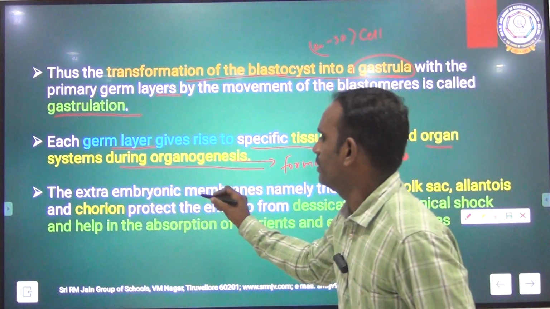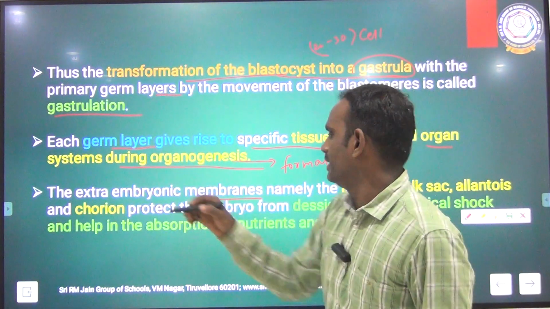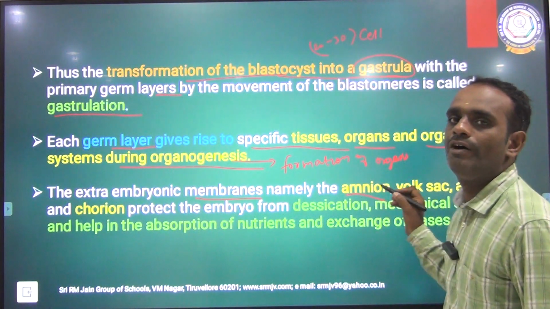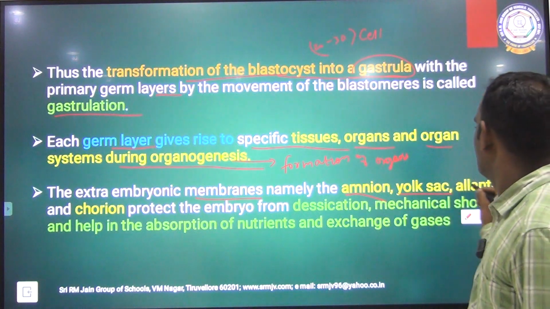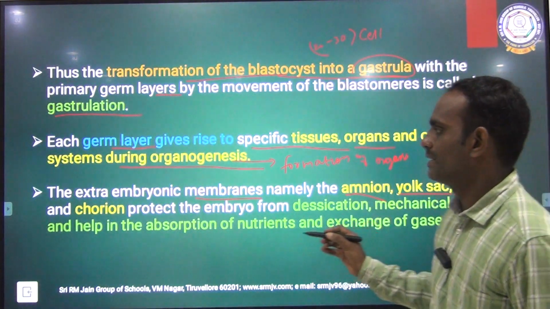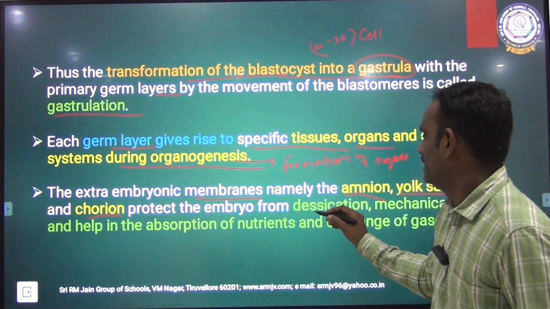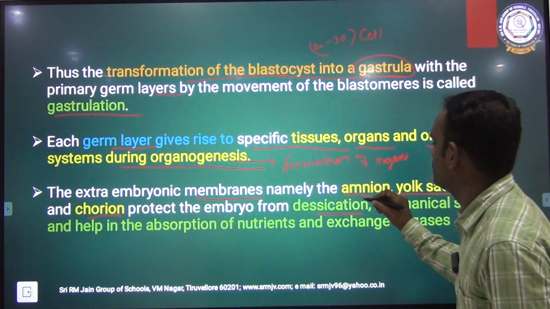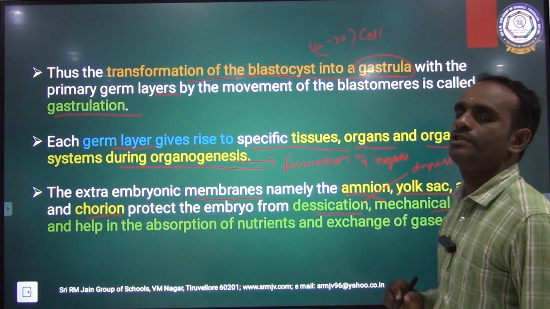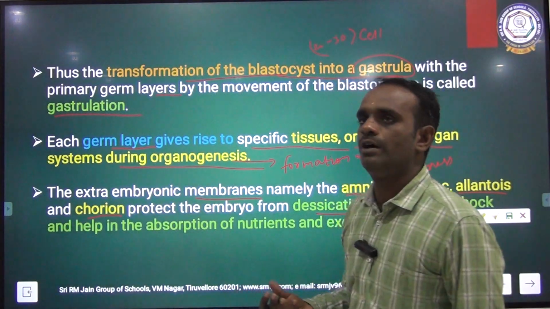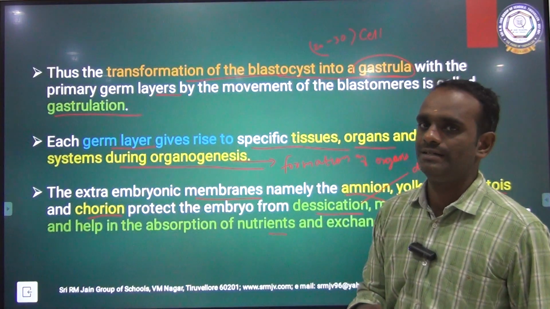The extra embryonic membranes, namely amnion, yolk sac, allantois and chorion, protect the embryo from desiccation, that means complete dryness, and from mechanical shock, and help in the absorption of nutrients as well as the exchange of gases.